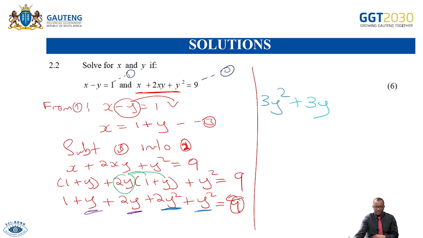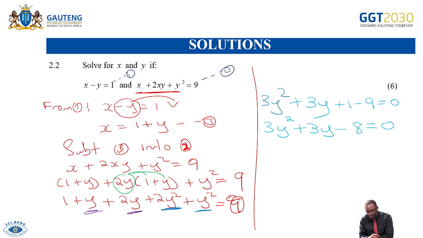Correct? Then from there, you are going to see plus 1 minus 9. Then we're going to have 3y squared plus 3y minus 8 is equal to 0.